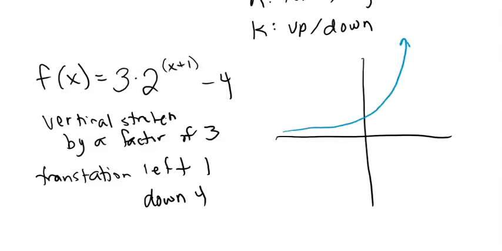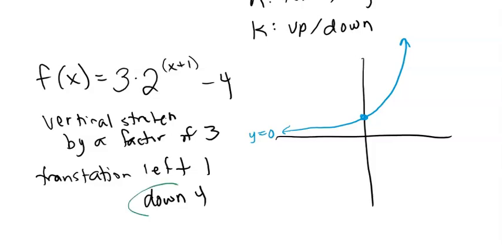Now, when we think about this graph, normally the graph of 2 to the x would be something like this, where y equals 0 is our horizontal asymptote, and we have a y-intercept of 0, 1. For this graph, we see that it's moved left 1 and down 4, and it's a vertical stretch, so it's going to look a little bit different. Although without making a table, it's kind of hard to tell exactly what it looks like, there's a few things we can do.